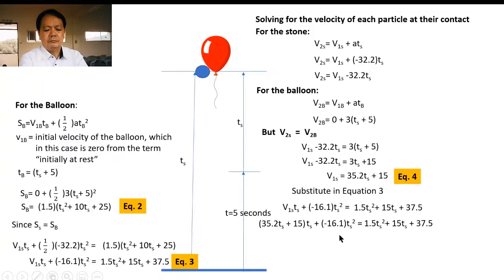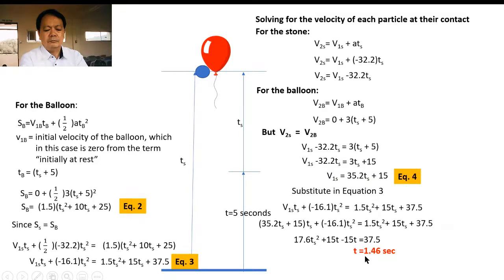When we simplify this and combine similar terms, we have 17.6 Ts squared plus 15 Ts minus 15 Ts shall be equal to 37.5, where these two 15 Ts will cancel, and we can solve for T, which is equal to 1.46 seconds.